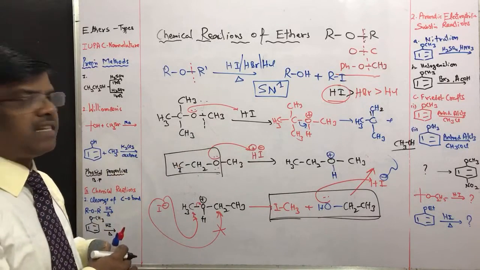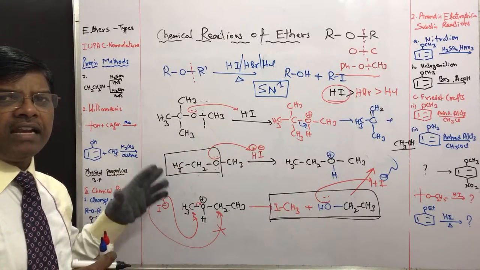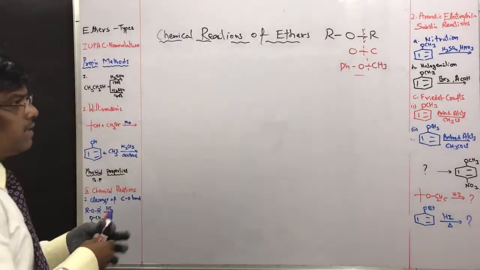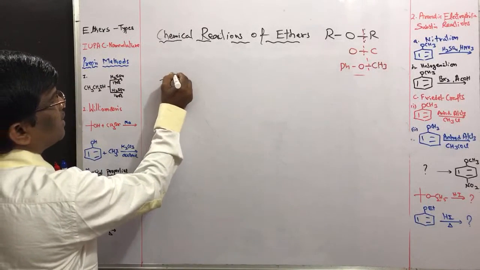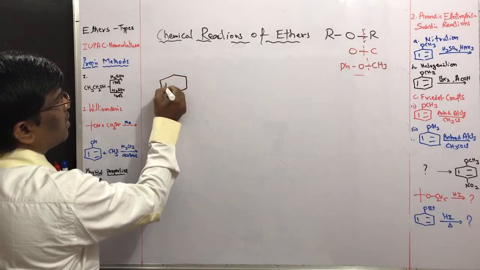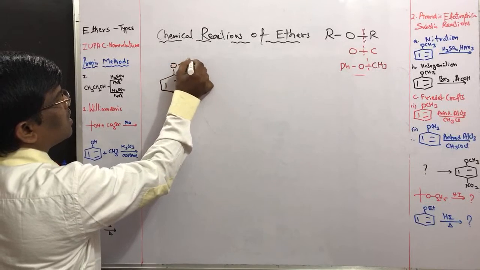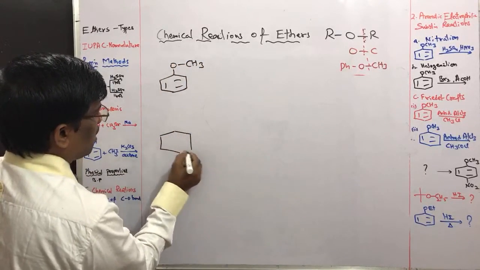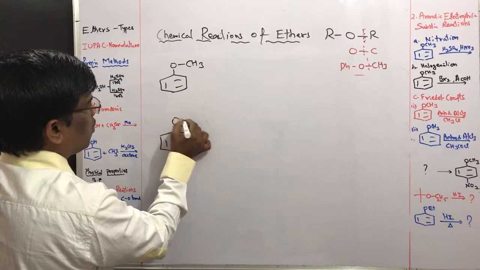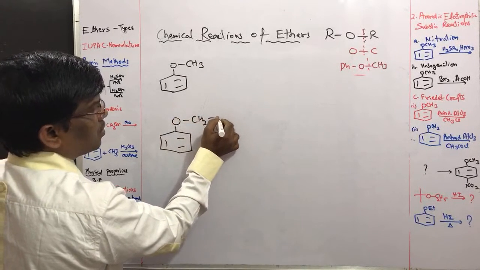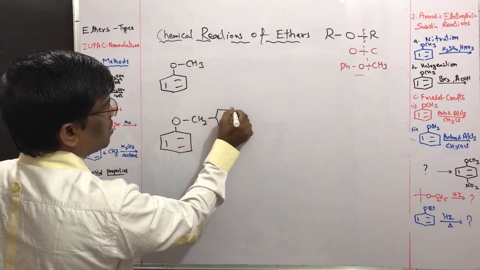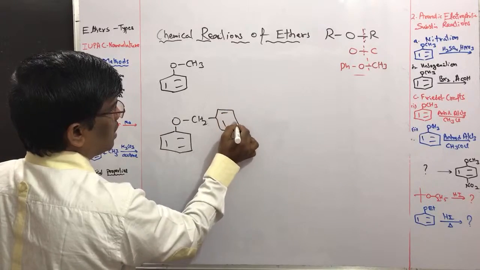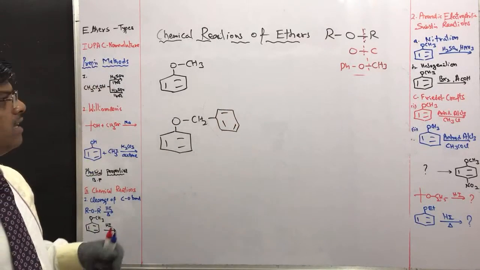However, to simplify, let us take one aryl methyl ether and you will enjoy the demethylation reaction. This is OCH3. And let us take one more example, OCH2, this benzyl methyl ether.